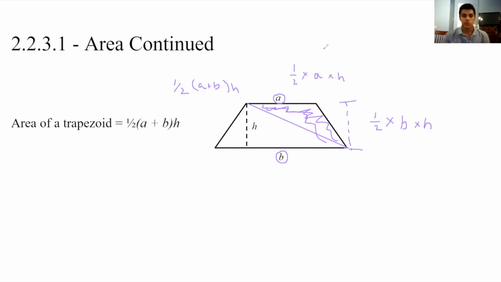And then just to prove that this works, I'll give you an example of different values for the side lengths of this trapezoid, and actually do out the math to show you that it gives you the same result. So I'm going to pretend here that our height is 5, A is 6, and B is 10.